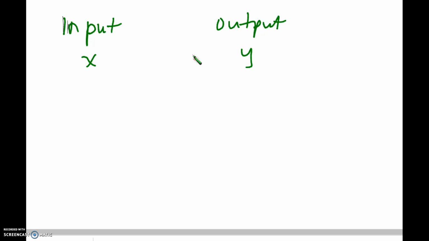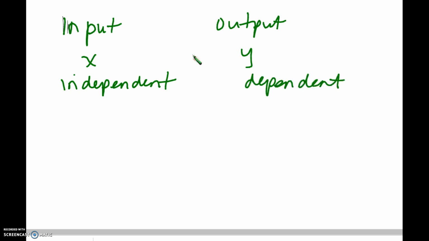Also, the input values could be called the independent variables, whereas the output is the dependent variable. And then the set of all the input values is called the domain, and the set of all the output values is called the range. So these are just some key terms that we'll use in this section, in this unit.